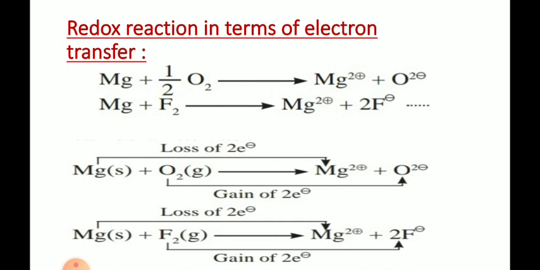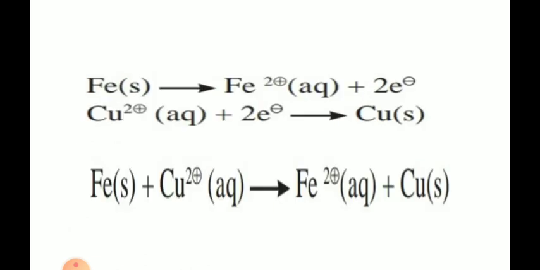In another example, when magnesium combines with the electronegative element F2, loss of 2 electrons takes place from Mg and it is converted into Mg2+, and at the same time fluorine gains 2 electrons from the Mg. So this is the transfer of electrons which takes place in redox reactions.